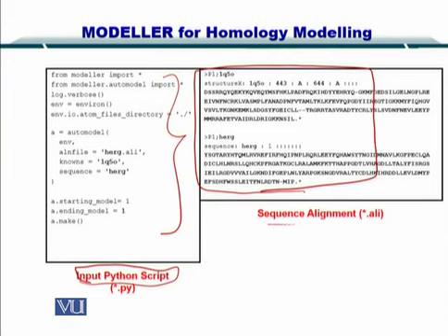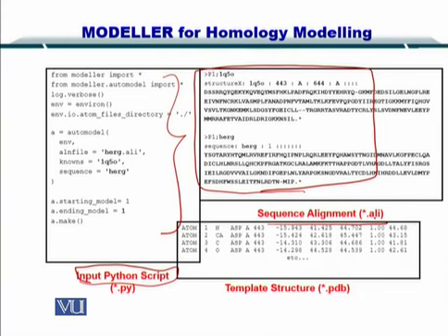So here is the ALI file, or the sequence alignment file. Lastly, you have to input the PDB for the template. So here you go, as you can see, atom numbers 1, 2, 3, 4, alpha carbons, their coordinates are given here. So these are the three inputs that you provide to the Modeler software.